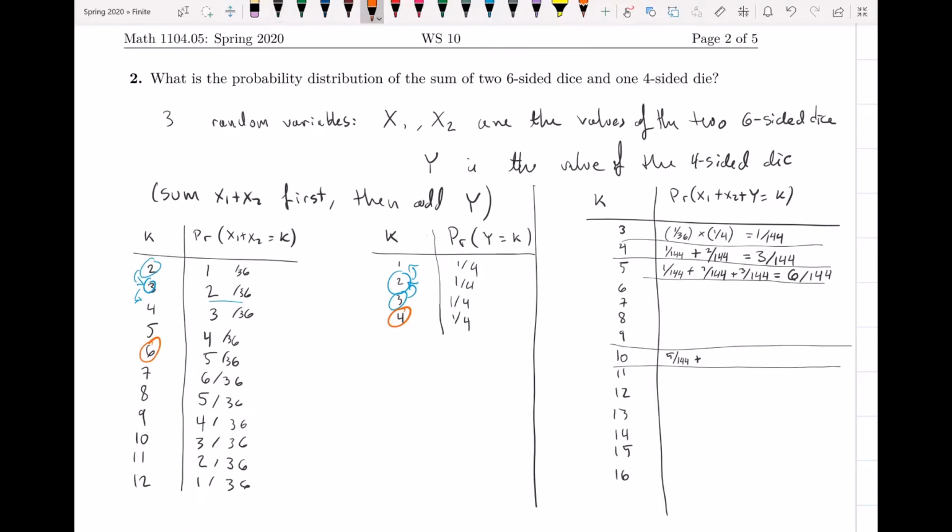Plus, we'll increment this one to 7, decrement this one. And this is probability 6 over 36, so the total probability is 6 over 144. Increment, decrement, and we get 5 over 144.